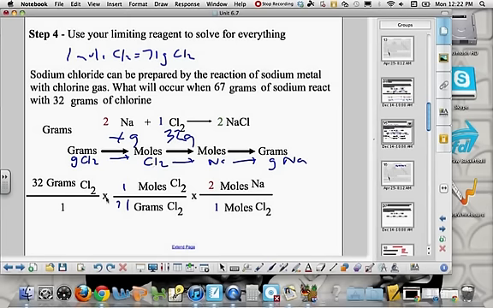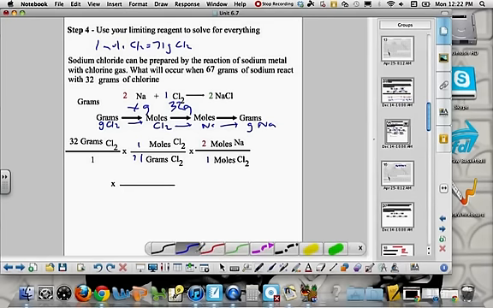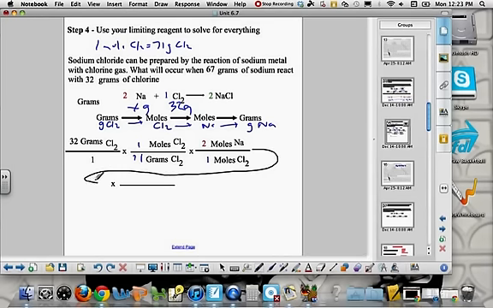Now I have to do one more step here, taking my moles of Na and converting them to grams of Na. So I'm putting the next step here. Draw a line. Let's put our moles of Na down on the bottom. And I'm trying to go to grams of Na, so I want to put that up on top.